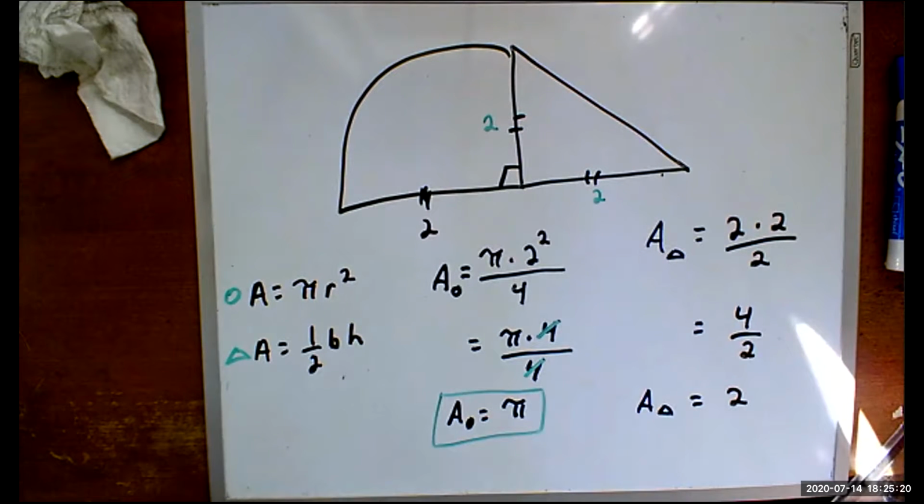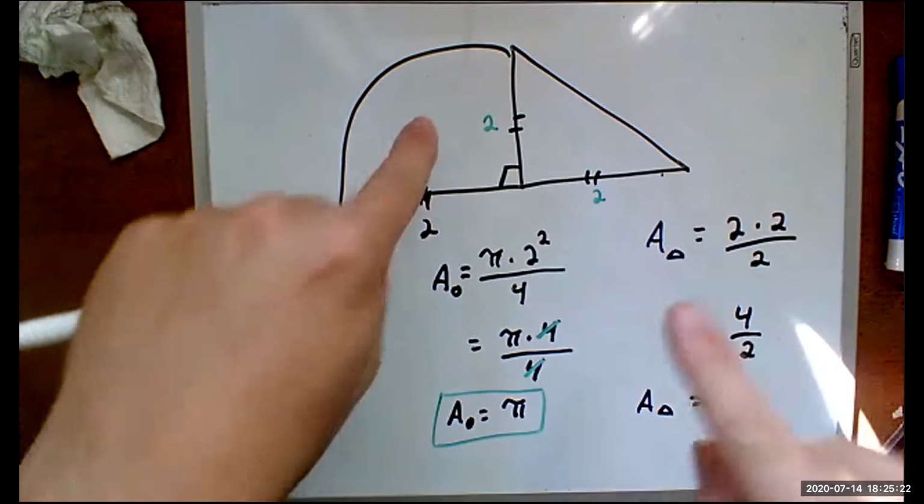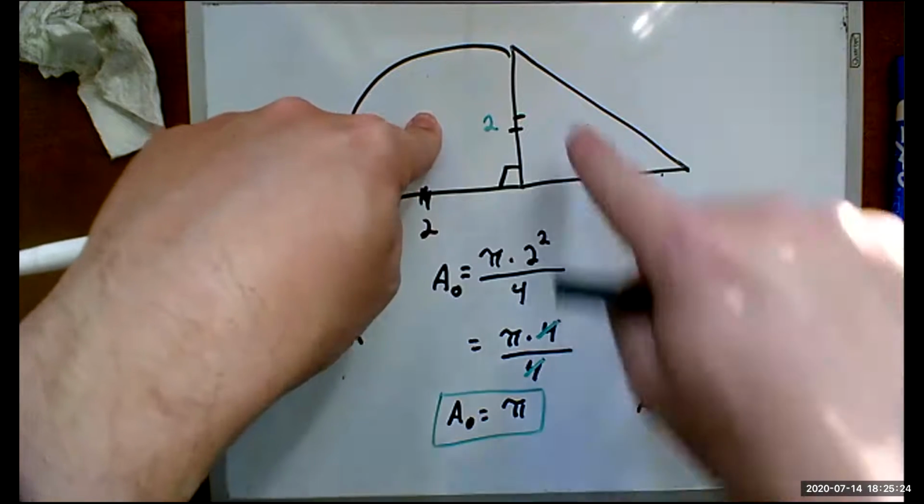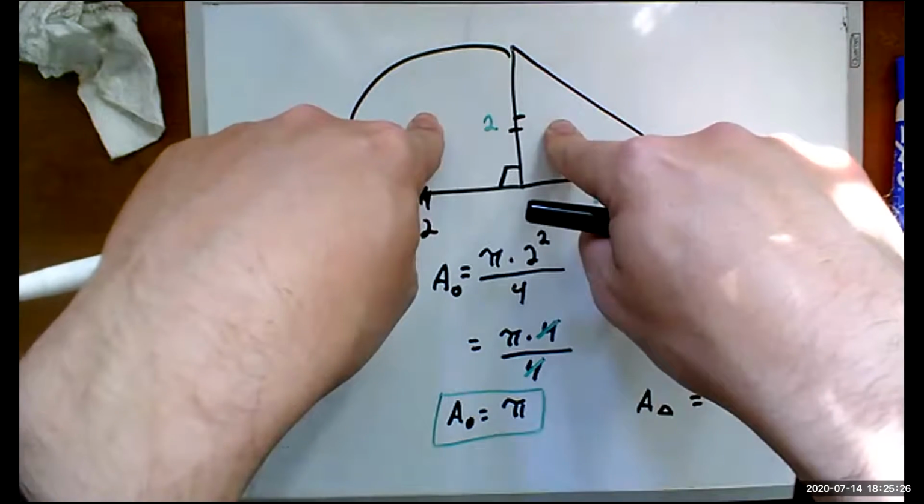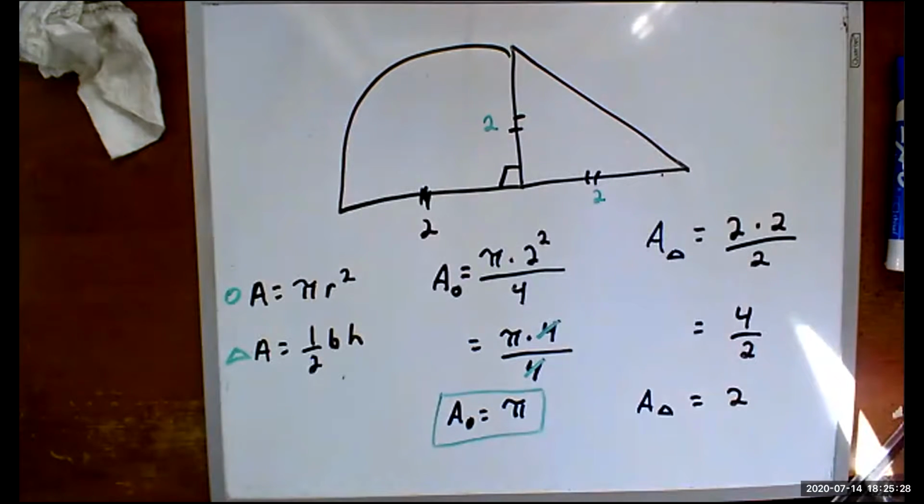So what do we do to make this whole thing finalized? Well, I've got the area of my quarter circle, the area of my triangle. If I add those things together, that should give me my final area. So that's exactly what I'm going to do. I'm going to go 2 plus pi. That's my exact answer.